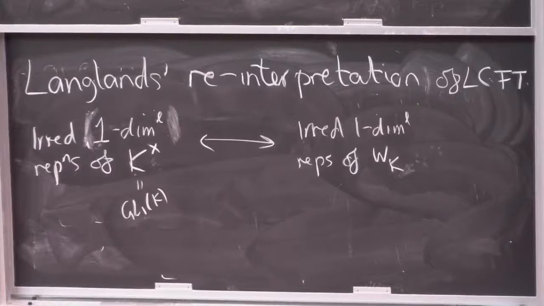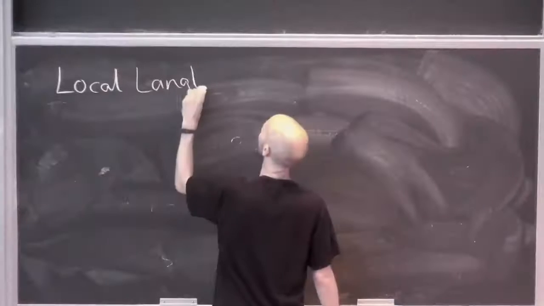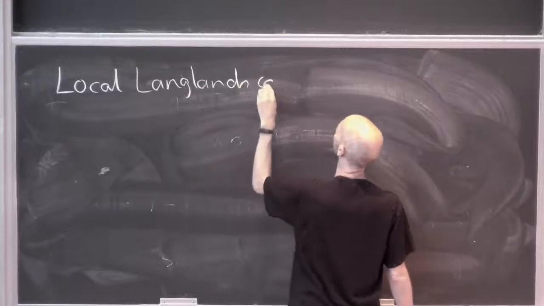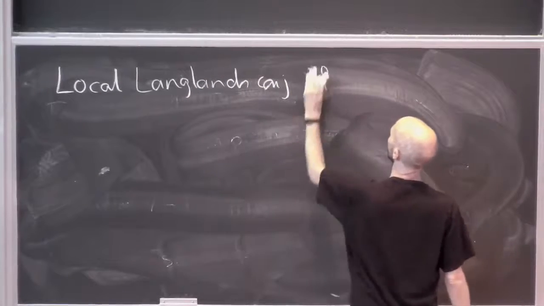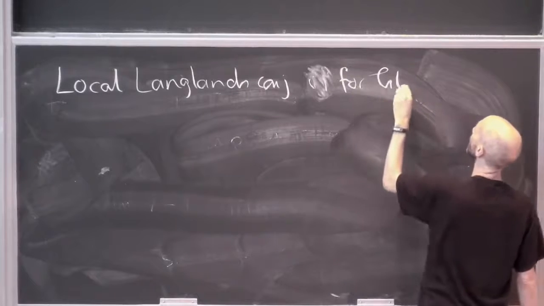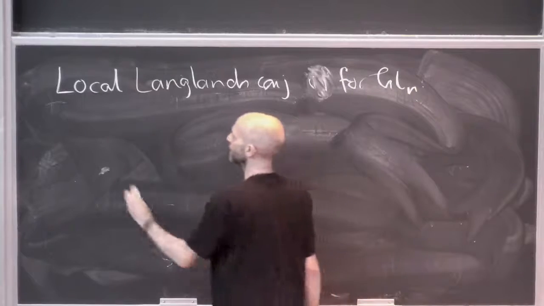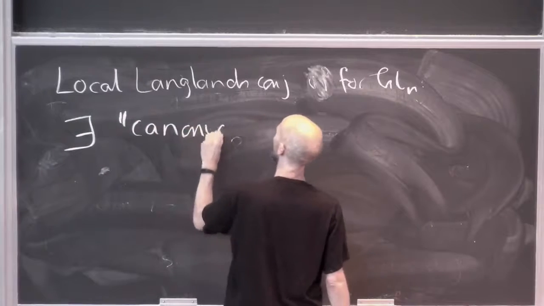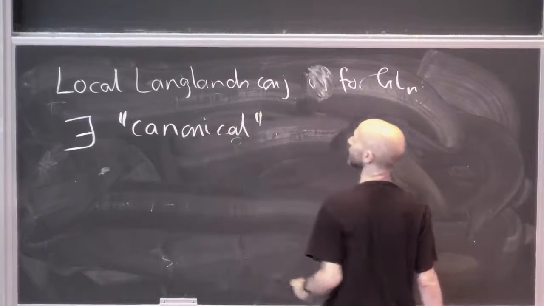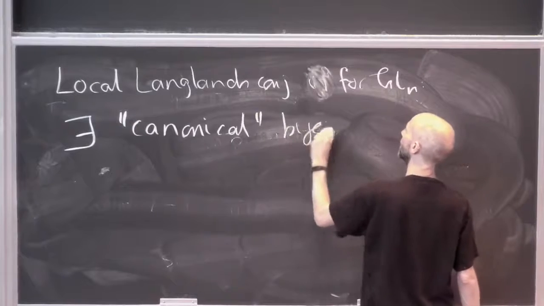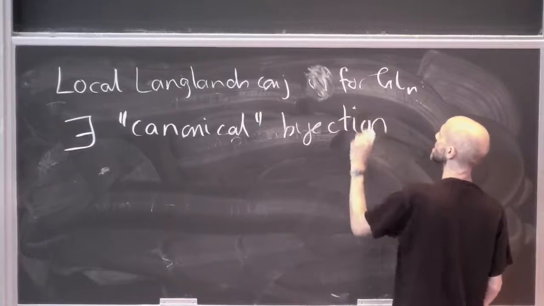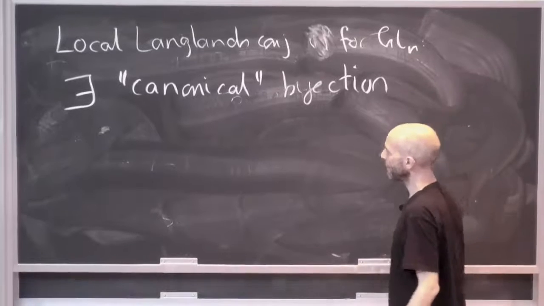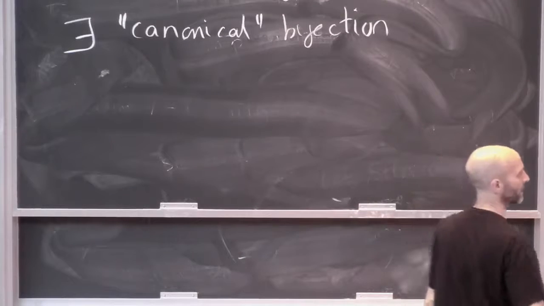So local Langlands conjectures for GLN. There exists a canonical bijection. Let's stick with the same order.